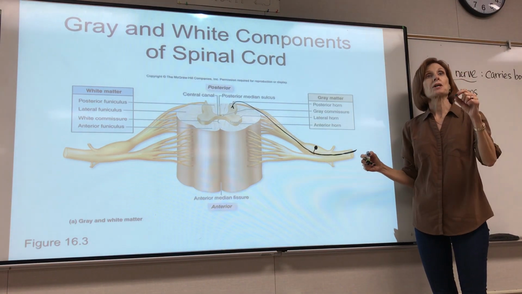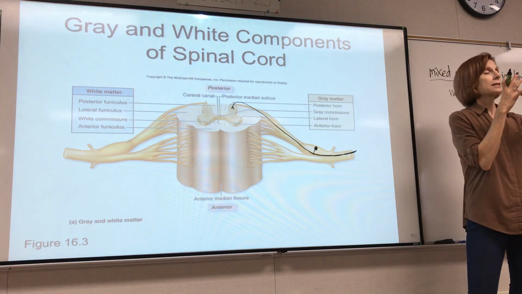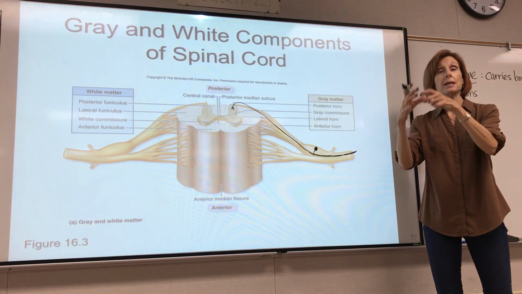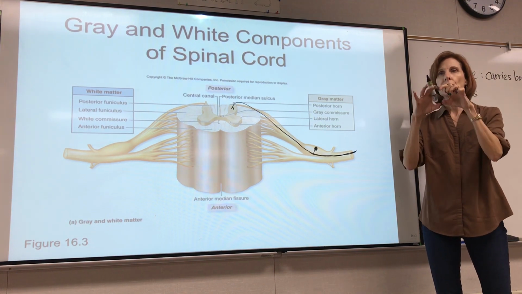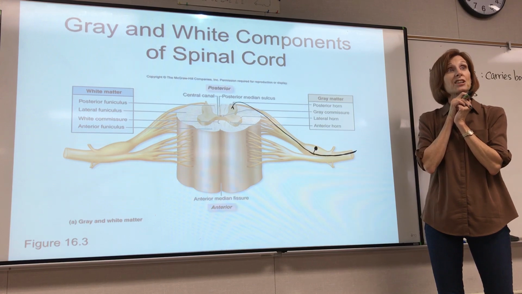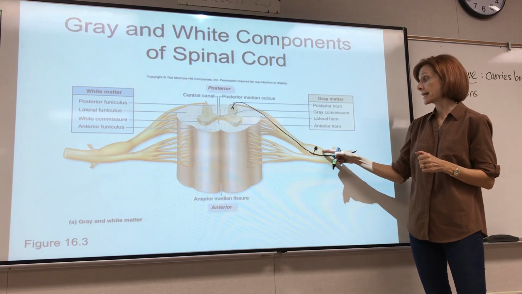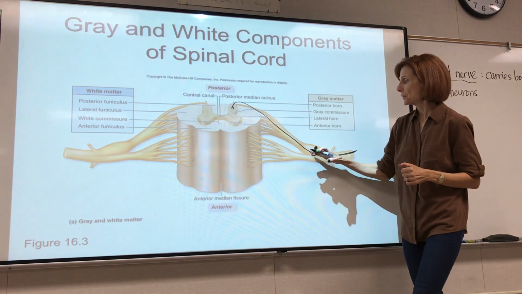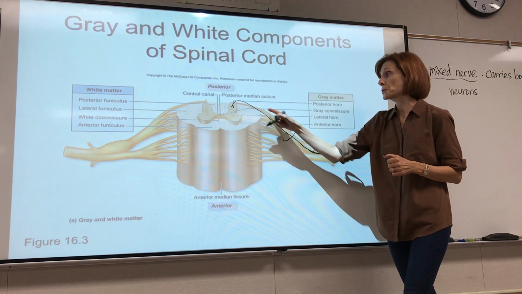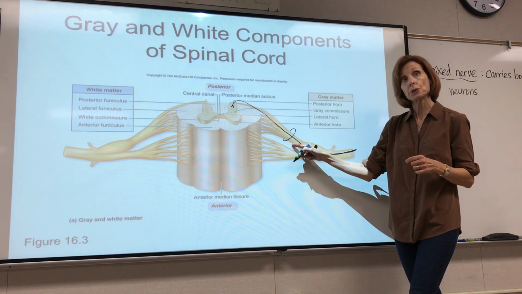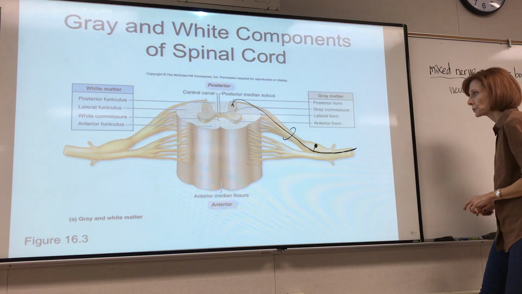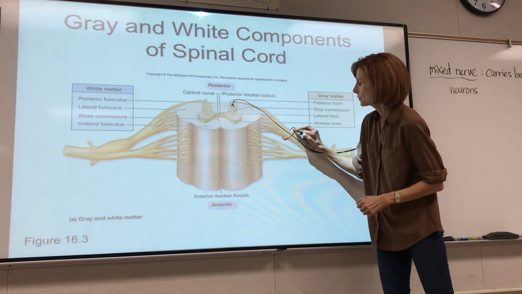So what do we call that little grouping of neuron cell bodies in the PNS? A ganglion, right? So this is a ganglion. This whole thing that contains the sensory neurons is called the posterior or dorsal root of the spinal nerve. Posterior or dorsal root of the spinal nerve, this whole thing.